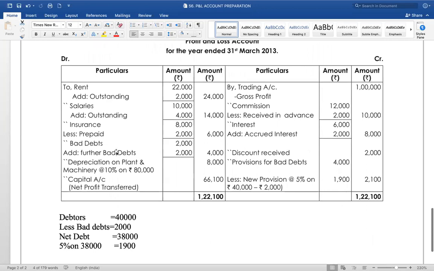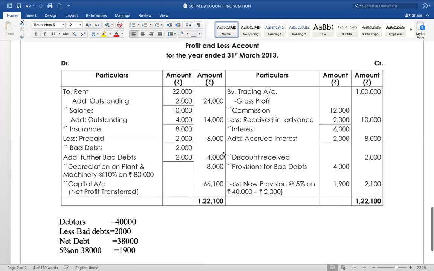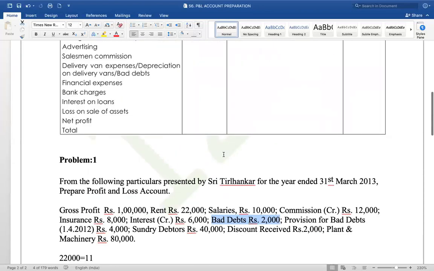Add the further, additional bad debts. When you started, it was 2,000. Another 2,000 became bad. So the total amount of bad debts for the year is 4,000. Okay, let's come to the next item.